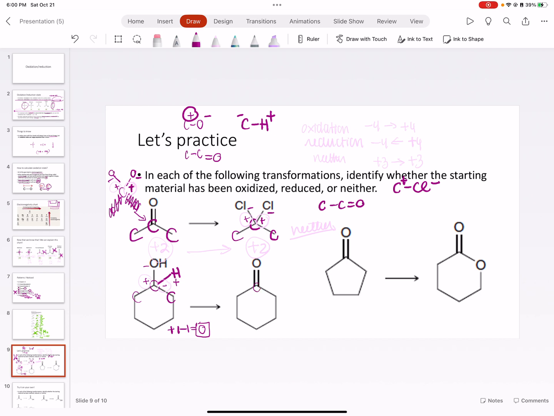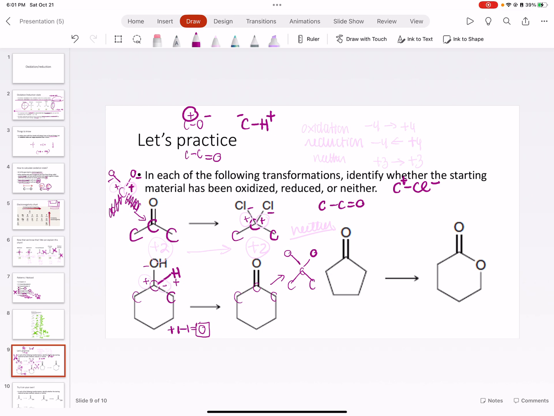Okay, so we can look at the next one. We have 1, 2, 3, 4, so we don't have an extra hydrogen in there. Remember, we can always translate this into something like this, so it's more easily visual for you guys. We already said carbon, carbon, we don't care, so we're just going to focus on that carbon, oxygen.